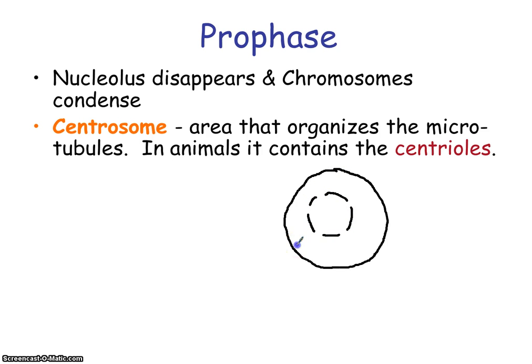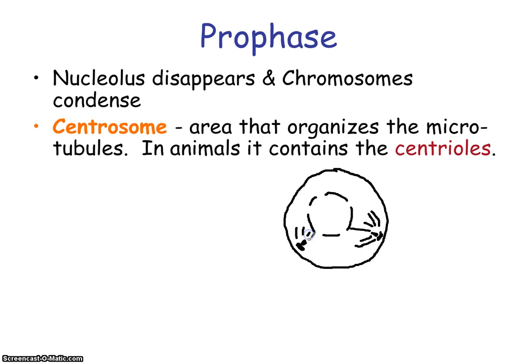And then you have these centrioles in animal cells. In plant cells, you actually don't have these centrioles, but you do have the area called the centrosome. And so there's our centrioles, and they're basically moving to opposite sides, and then coming from those are going to be the microtubules. They're going to look like this. And in the next phase, they'll end up spreading all the way across the cell.